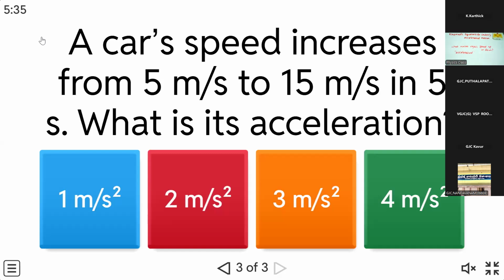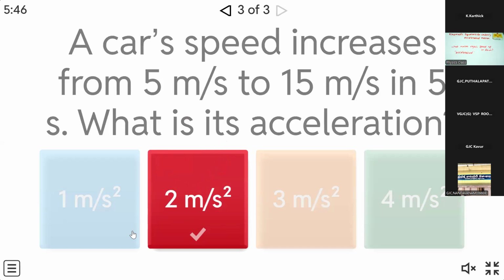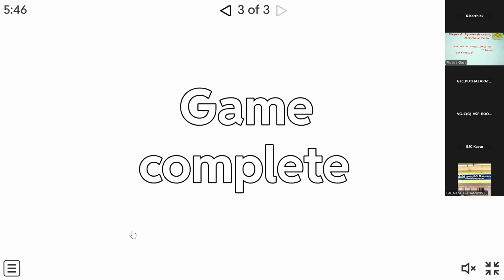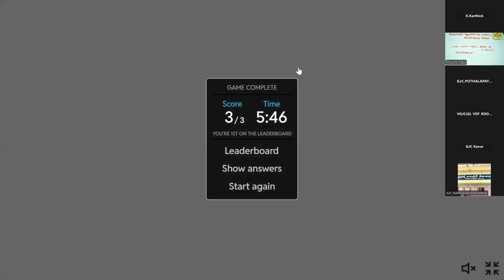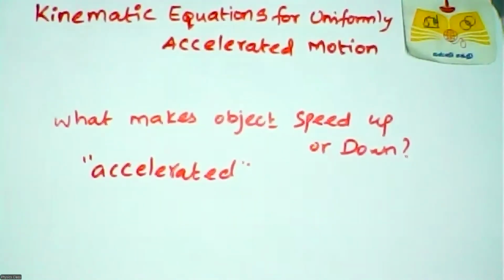So what is its acceleration? 2 meters per second square. Is it correct? We can choose option B. Yes, correct. So this is just a recall of our previous class. Very good. The unit is meters per second square.